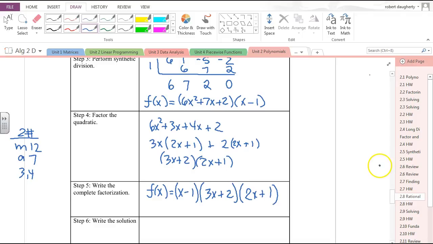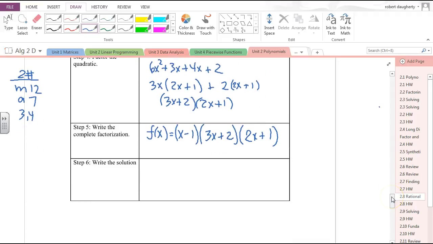Now, if I were to ask you for the roots or the solutions or zeros, all those words mean the same thing. What are they? 1, yeah, negative 1/2, and negative 2/3. Now, are these on my original list? Yeah, all of these numbers are on my original list. Plus or minus 1, 1/2, 2/3.